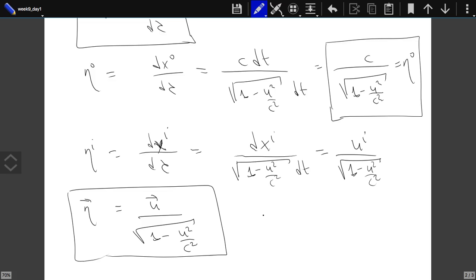Let's look at eta 0 squared minus eta squared. Eta 0 squared is c squared divided by 1 minus u squared over c squared. Minus eta squared is u squared divided by 1 minus u squared over c squared.